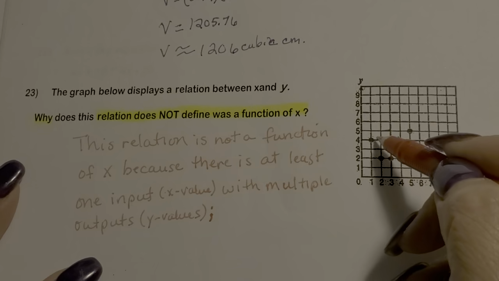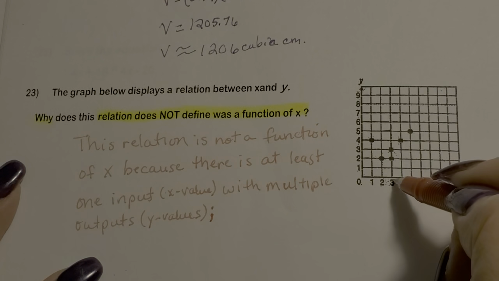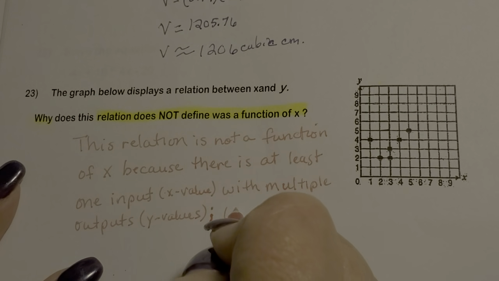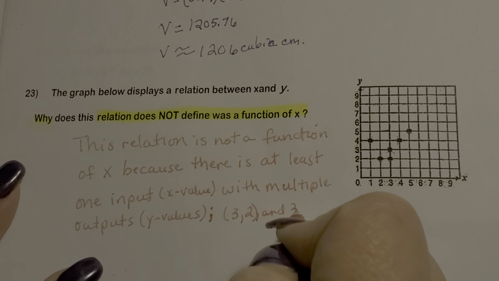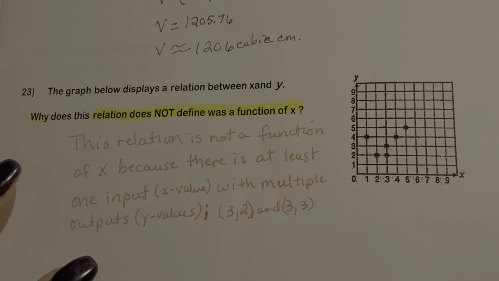If we come over here, 1 has an output of 4, 2 has an output of 2, but 3 has an output of both 2 and 3. So the ordered pairs 3, 2 and 3, 3 make this not be a function.